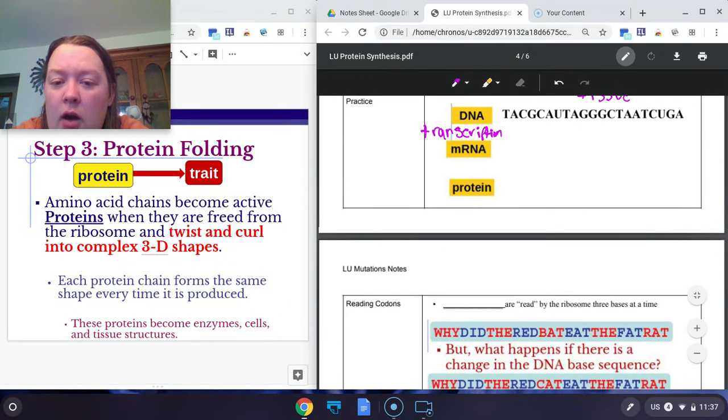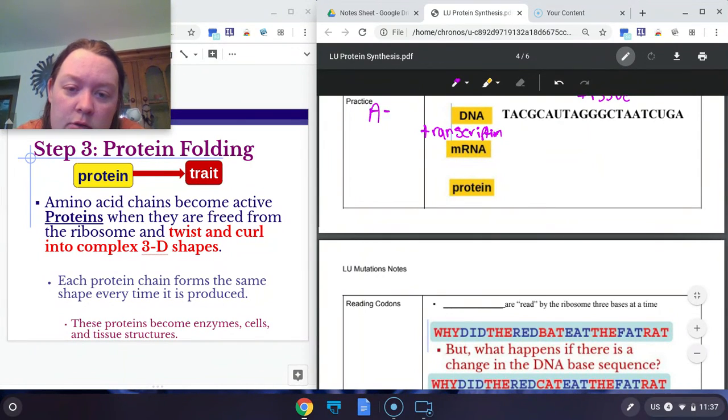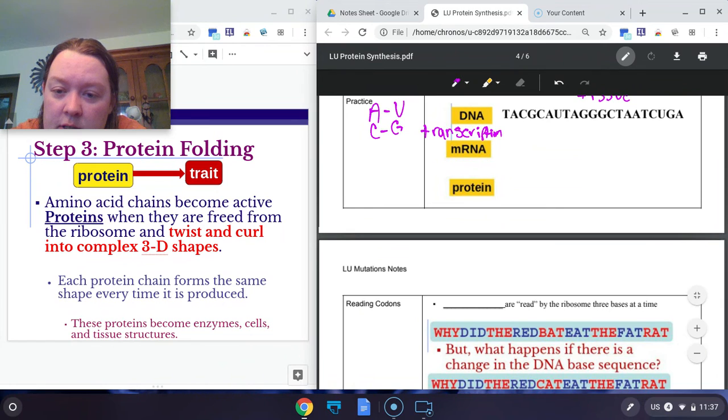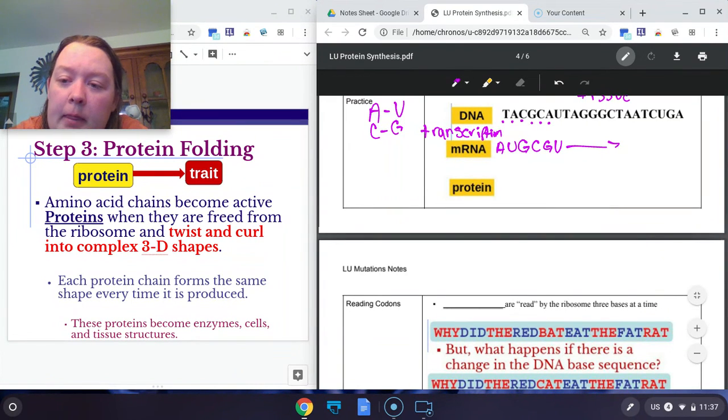Transcription is when we rewrite our DNA into mRNA, and we use the code A goes with U, C goes with G. So I see a T, I put an A, I see an A, I put a U, C, G, G, C, C, G, A, U. So you can finish that out.